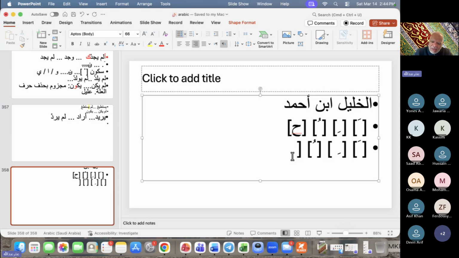So they said, okay, the word is jazm. So if the word is jazm, let's keep only one letter of it, which is the meem. And for the meem, just take the circle of the meem. So they ended up with this that we have. This is the circle of the meem of the word jazm.